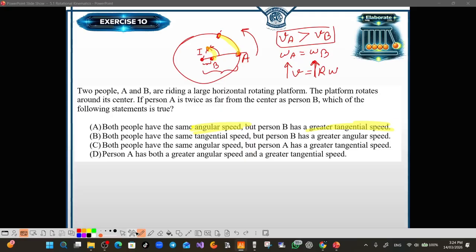So both people have the same angular speed, but person A has greater tangential speed. So the correct answer would be C.